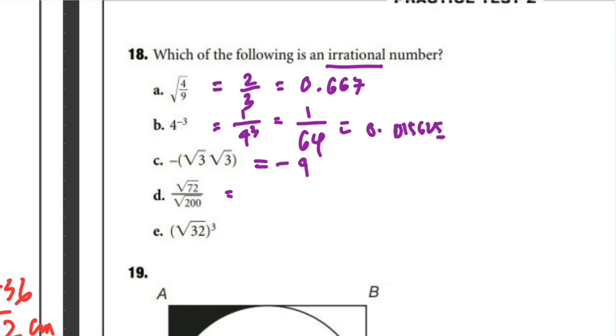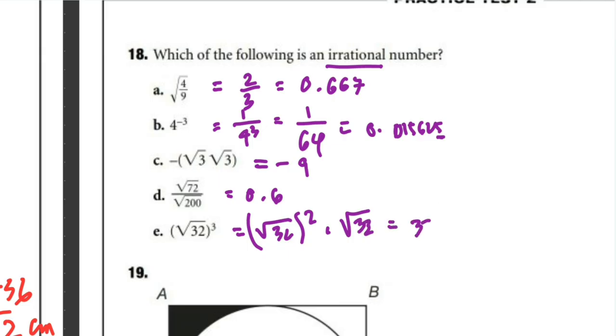How about this one? Square root of 72 over 200. What is the square root of 72 over 200? Okay. Divide by the square root of 200. This is 0.6. This one, this is the square root of 32 squared times the square root of 32.